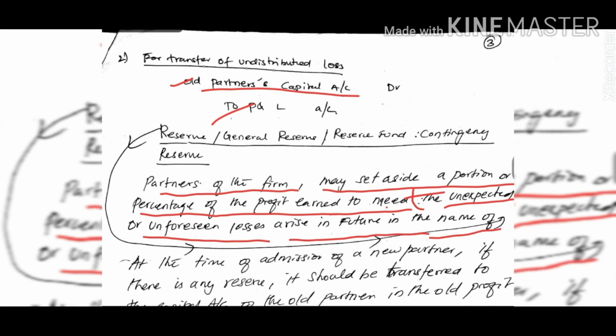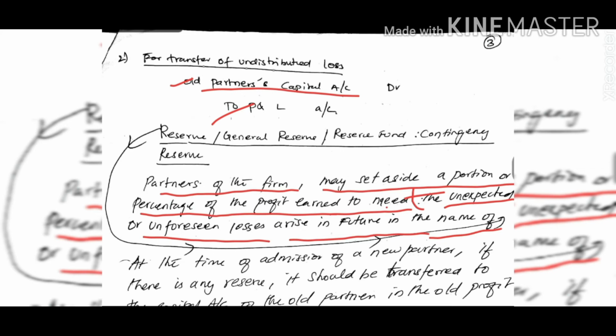So we keep it as a reserve. The reserves are created out of profits. From every year's profit, a percentage of the profit is kept aside as a reserve, either as a general reserve or revenue reserve or contingency reserve or any other specific reserve.